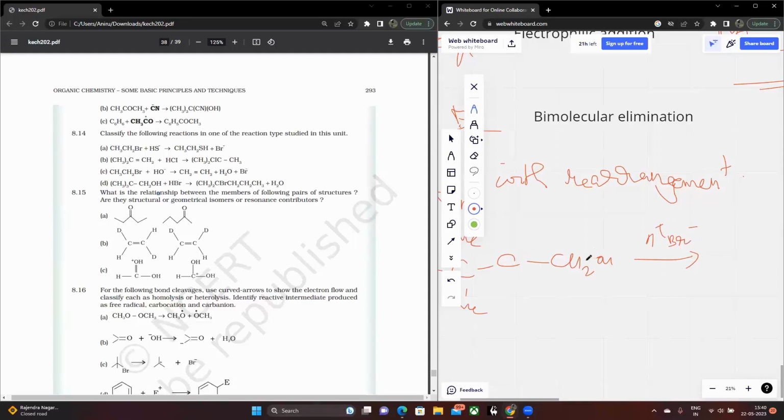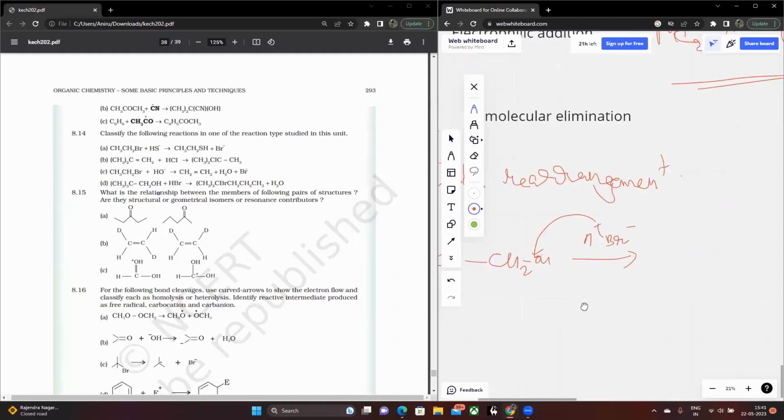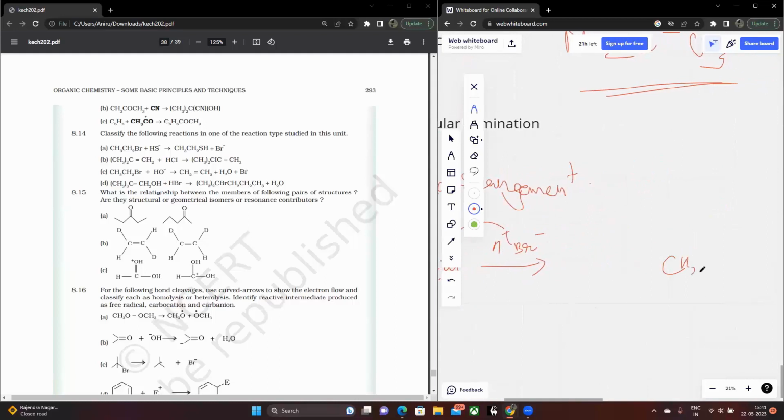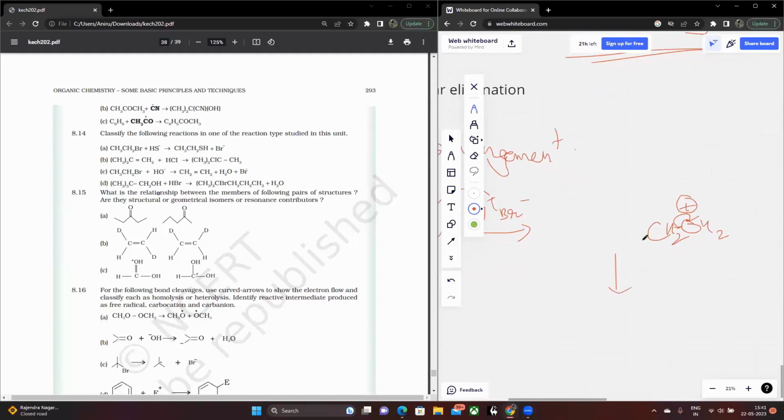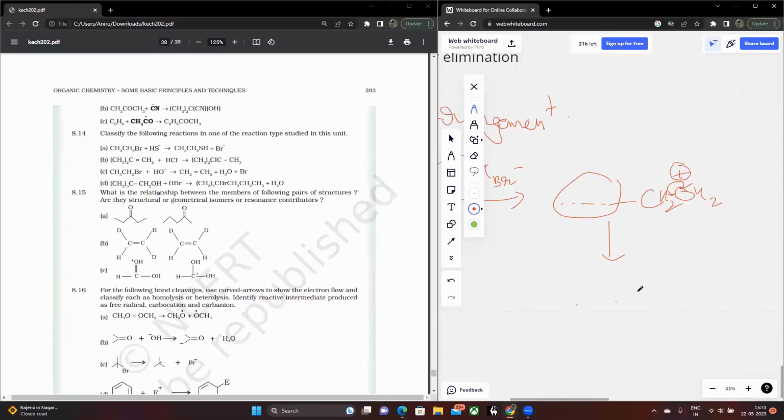First of all, the H plus attacks the electron rich side of O, here it becomes CH2, OH2 plus, right? This bond breaks, and you are left with whatever carbon systems over here. I'm not drawing it, right? And then you are left with this carbon system dash CH2 plus, right? Which is very unstable.